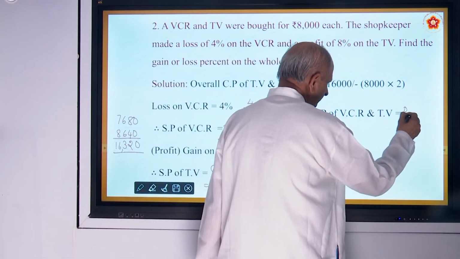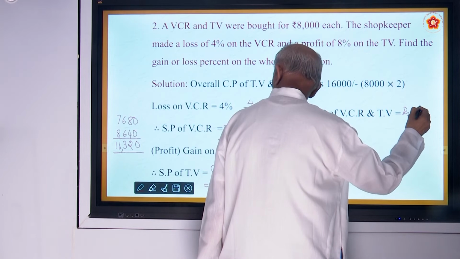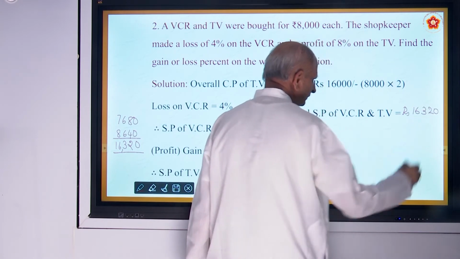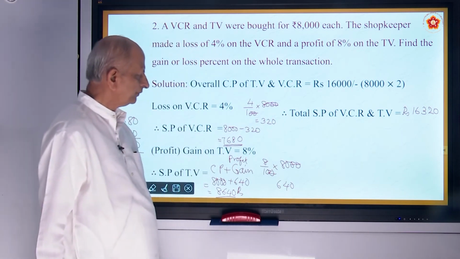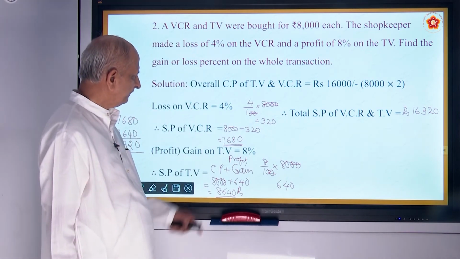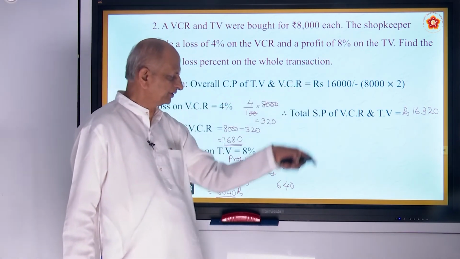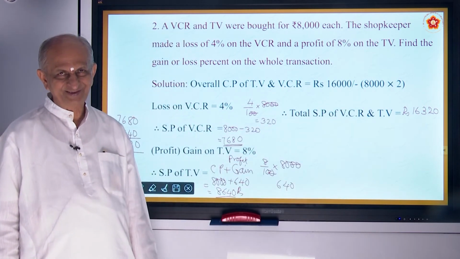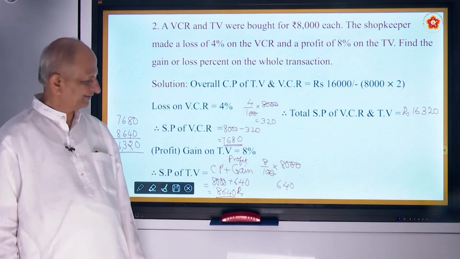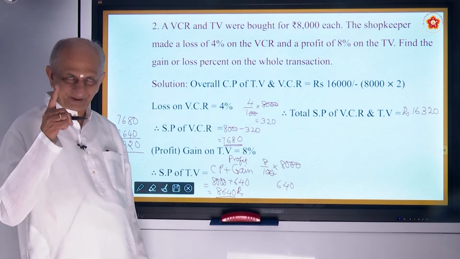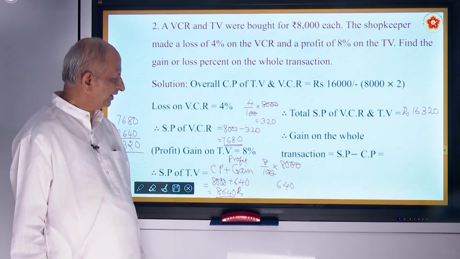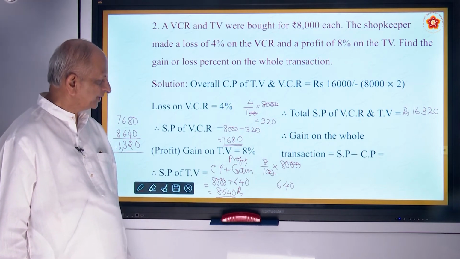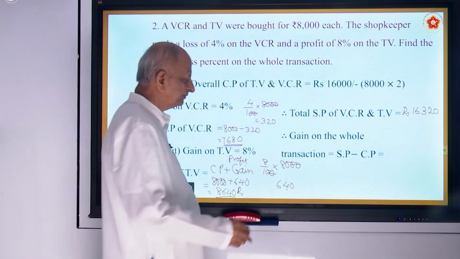So rupees 16,320. Now total CP is how much? 16,000. Now 16,320 you got from these transactions. Is it profit or loss? It is profit.